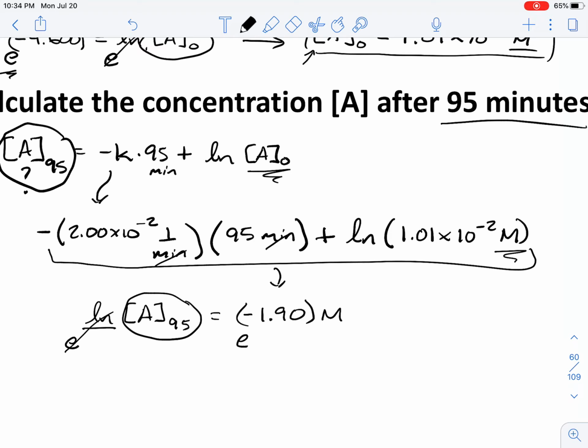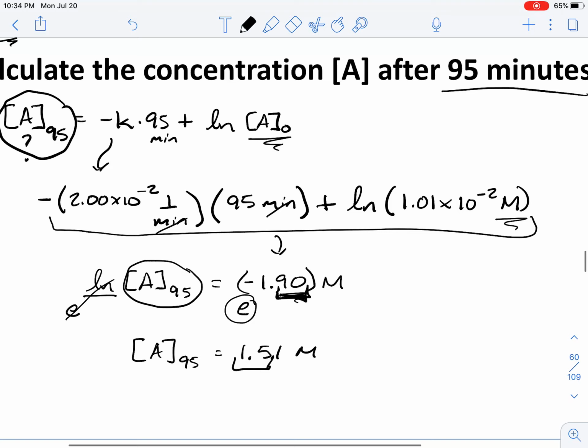Let me just write this down. So the final answer is going to be approximately 1.51 molar. Now, since I'm taking the e, which is the opposite of natural log, since I have two places after the decimal, that means I'm going to record two sig figs.